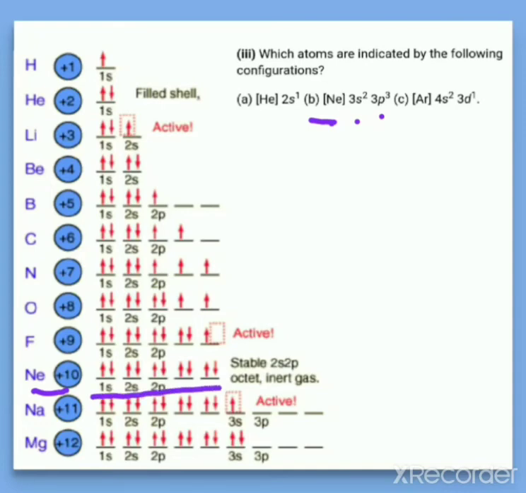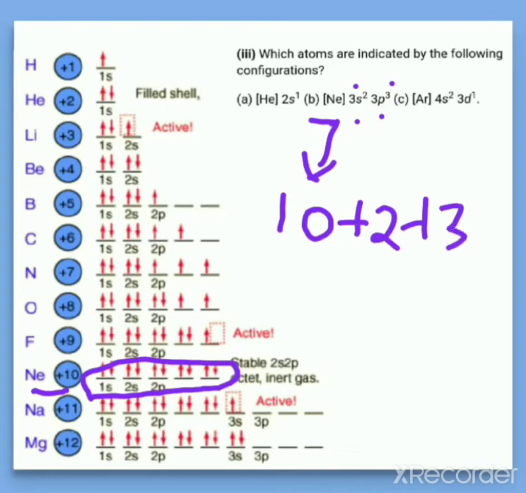So in place of this much, what can we write? Neon. Neon has atomic number 10, plus next we have 3s2 3p3, that means 2 plus 3. When you make the sum, you will get 15.